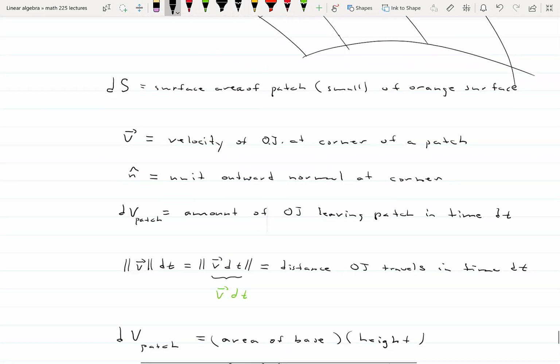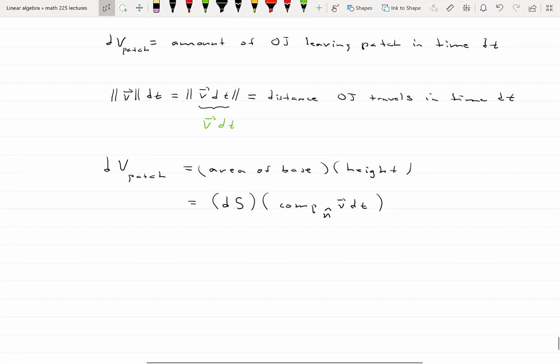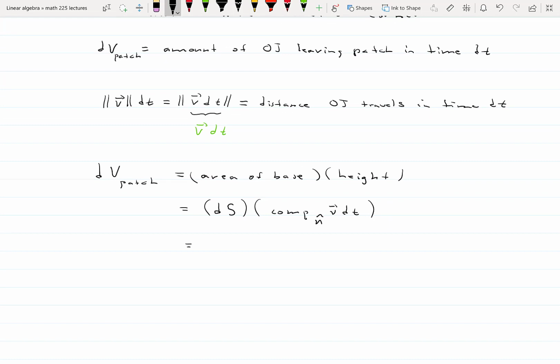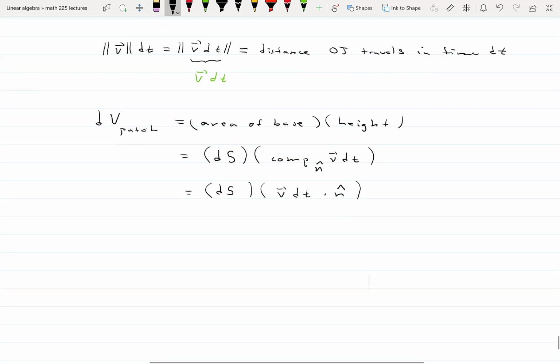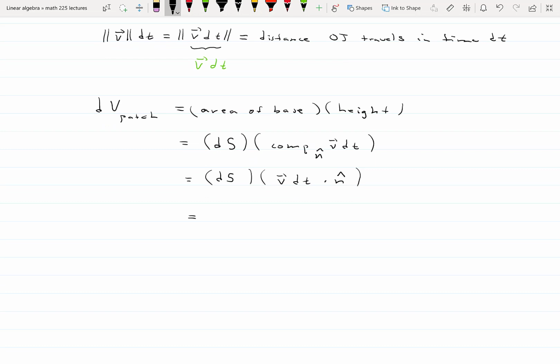Okay, just like in the preliminaries. So this is ds times v dt dot n over the length of n, which is 1. I'm going to rearrange these items. So this is v dot n ds dt.